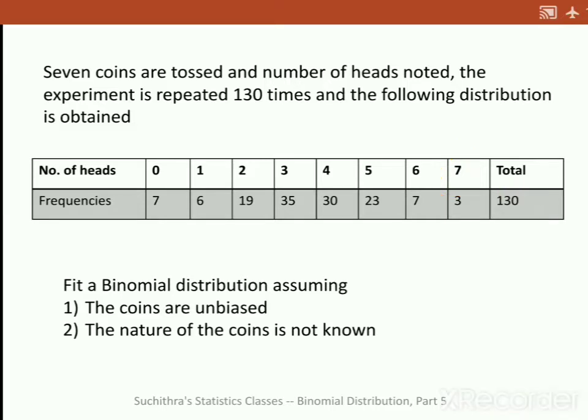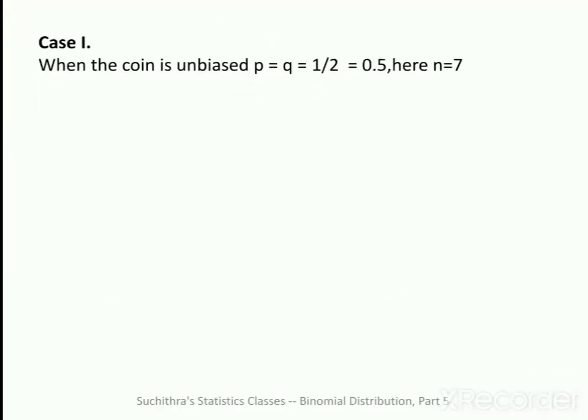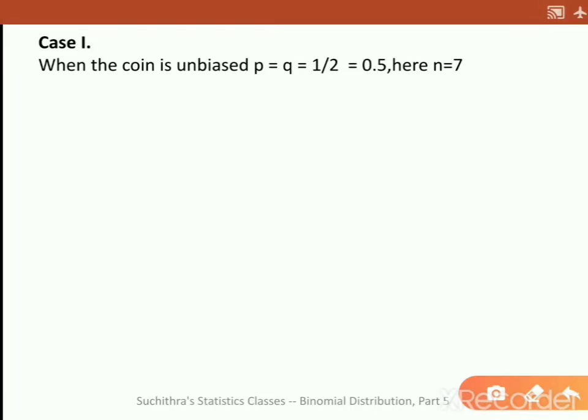Now we have to calculate f of x and N f of x. For that, we have to calculate p first. When the coin is unbiased, we know that p is equal to q equal to 1 by 2, that is 0.5. And n is 7 in this case.